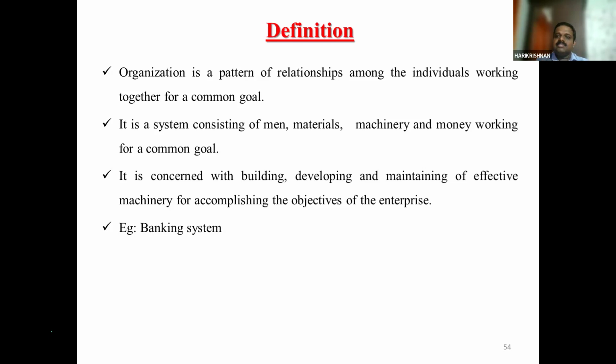Money is also spent on all those things to achieve our common goal. It is concerned with building, developing and maintaining an effective machinery for accomplishing the objectives of an enterprise. So the banking sector is an organization, the education sector is an organization, all companies come under organization.